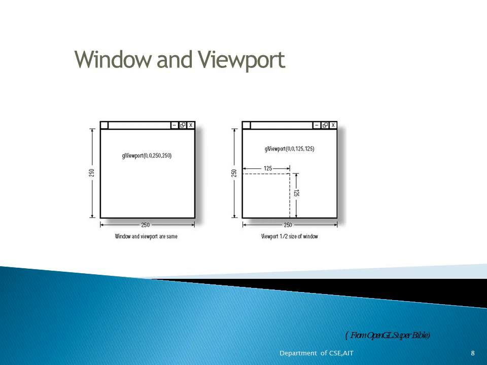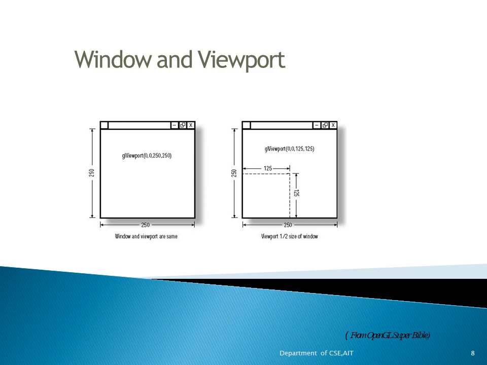Where 0, 0 is nothing but the start of the window, that is the minimum value for the x parameter and the second one for the y parameter, and you are going to get 250 and 250 as the width and the height. So the width is 250 and the height is 250.